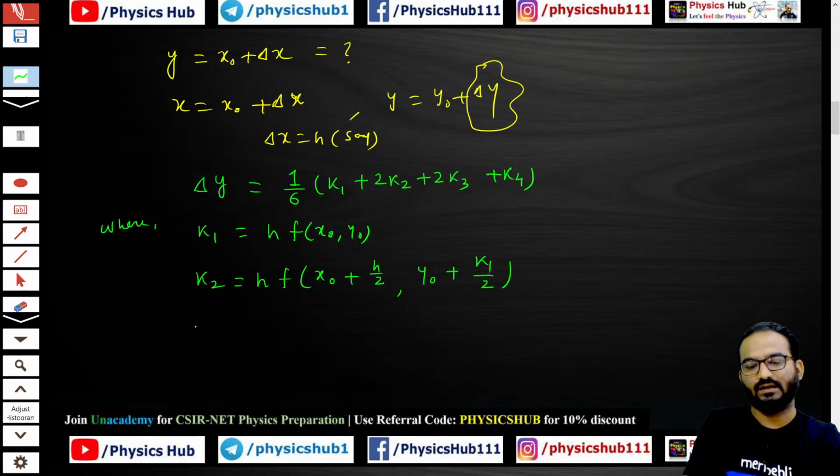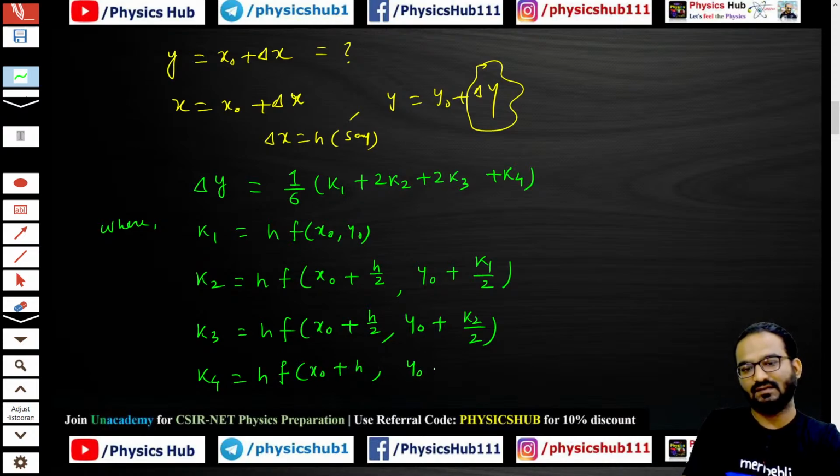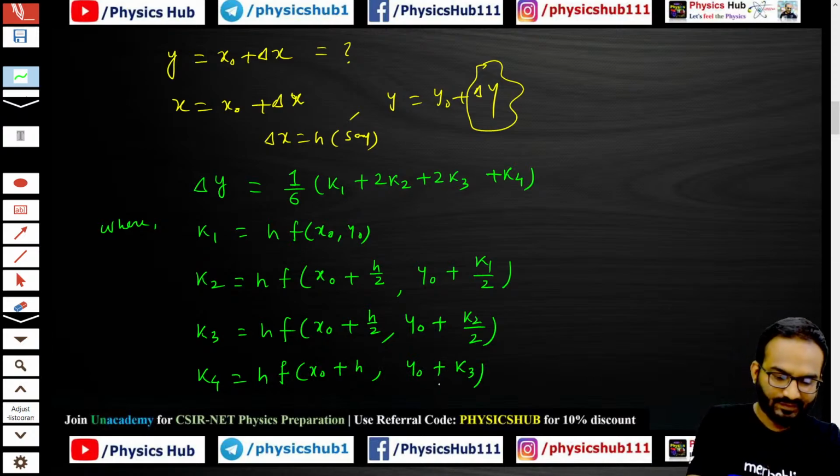This convention is there. K3 will be h into f of x naught plus h by 2, which remains the same, and y naught plus k2 by 2. And k4 will be h times f of x naught plus h, y naught plus k3.